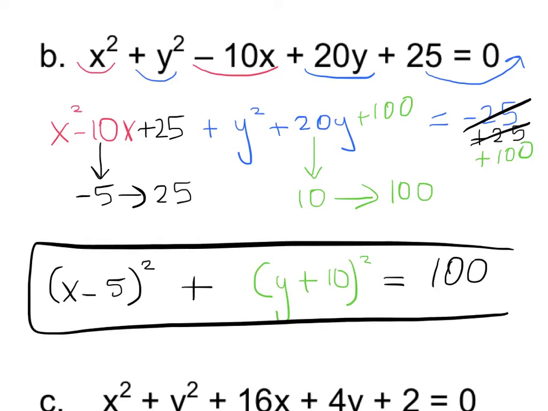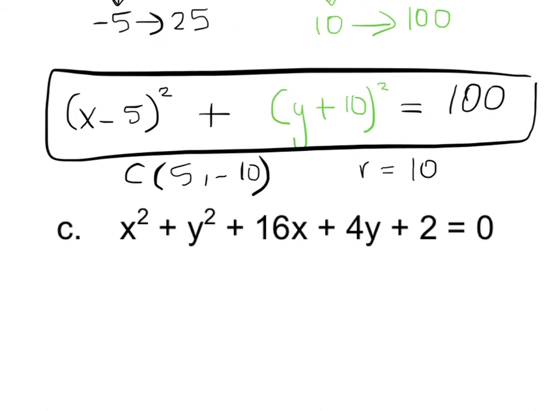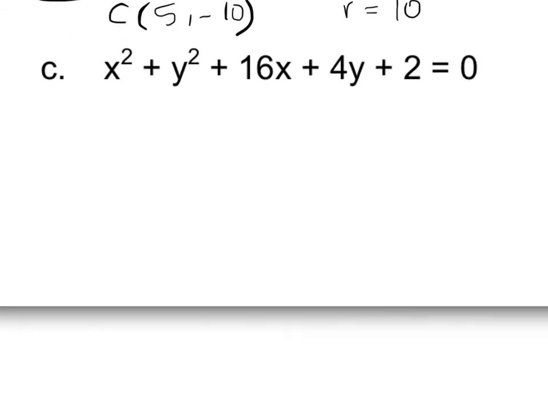What do you think? If you know what to do and you organize your work, it's pretty simple. So then the center would be 5, negative 10, and the radius would be 10, which is the square root of 100. That's it. Now I would like you to watch this again if you need to, and try to do C on your own.